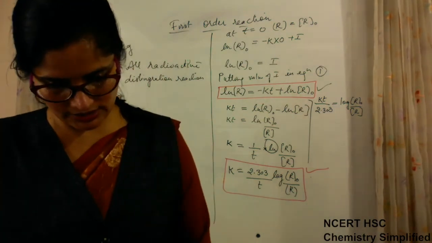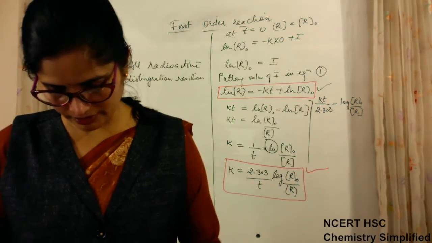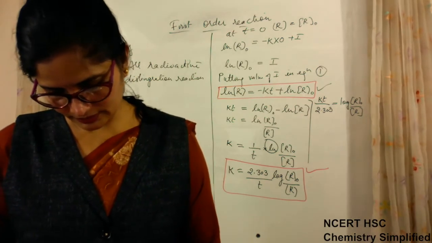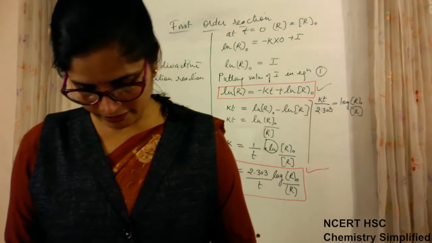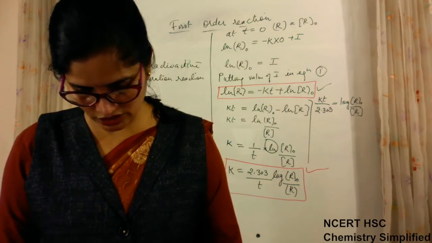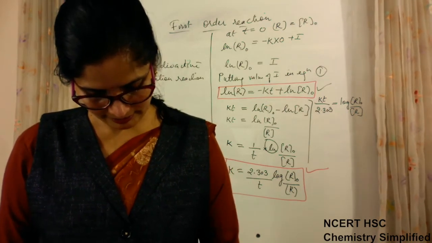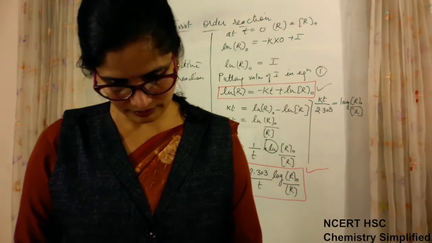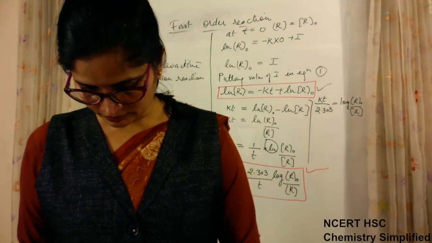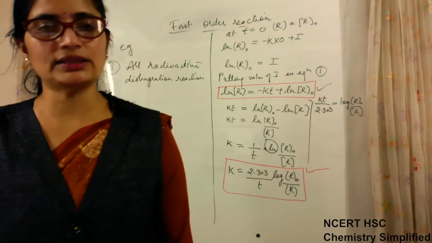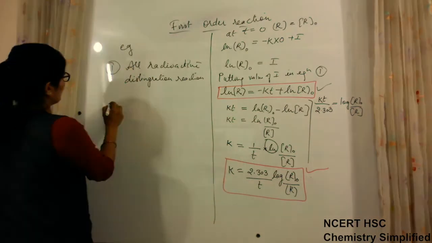And one more is there, let me confirm it. One more type of reaction which comes as first order: hydrogenation of ethene. Okay, so two examples.